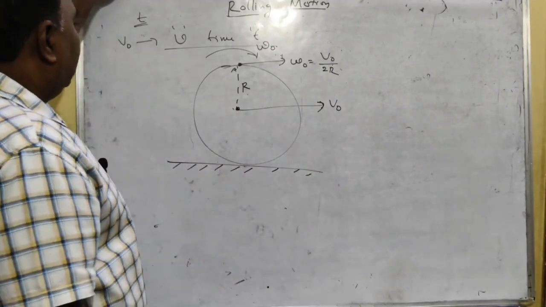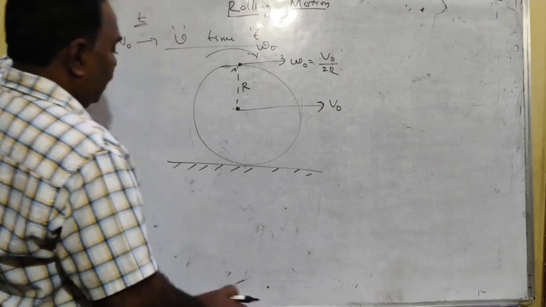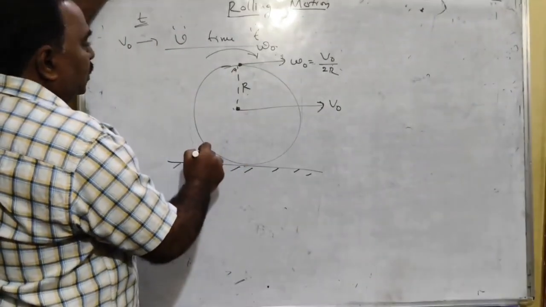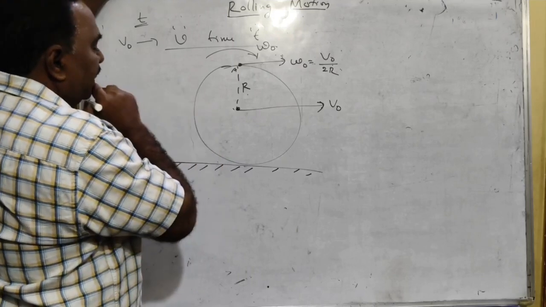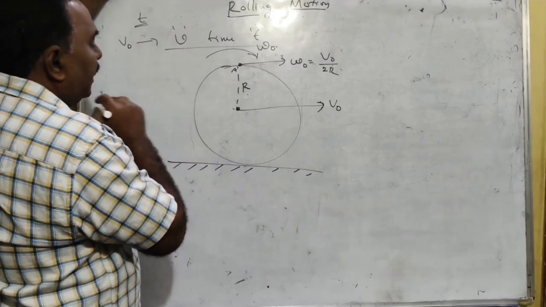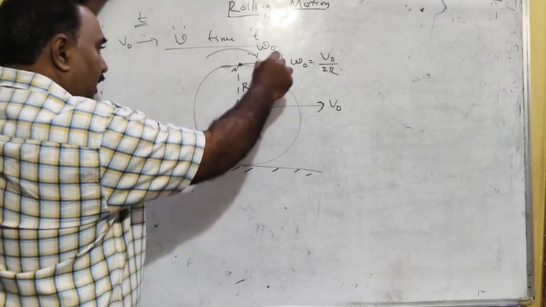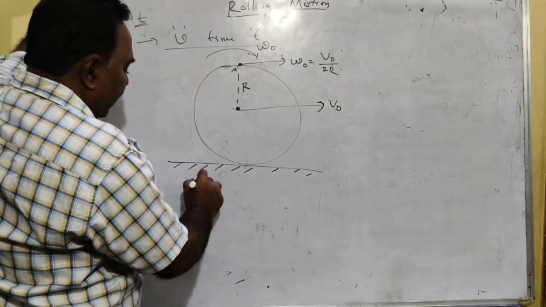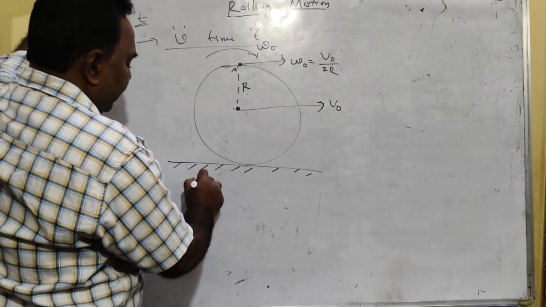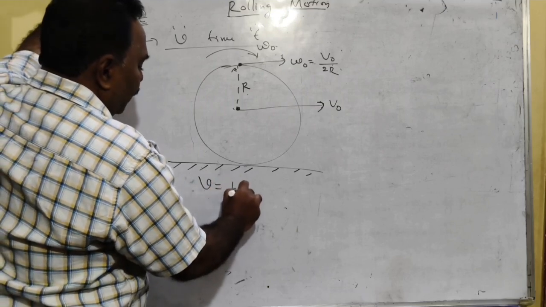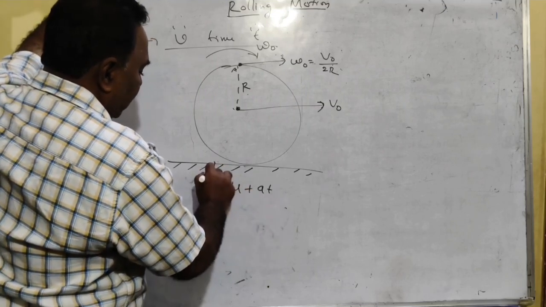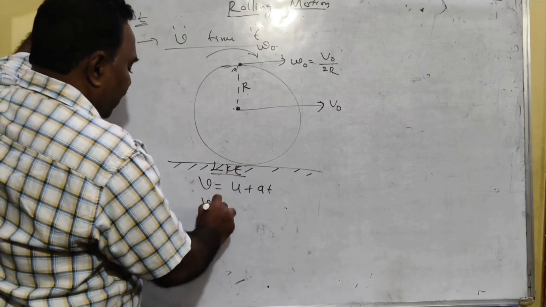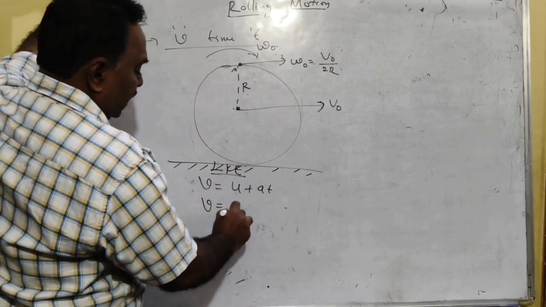Very simply we will get the answer using some equations. What equations are we going to use to solve this type of questions? Like in the previous case, we are using the linear kinematic equations: V is equal to U plus AT. V is the final velocity we want, initial velocity is given as V naught.